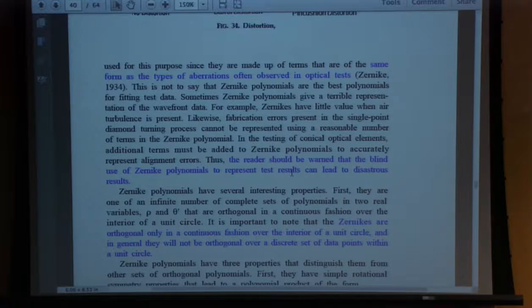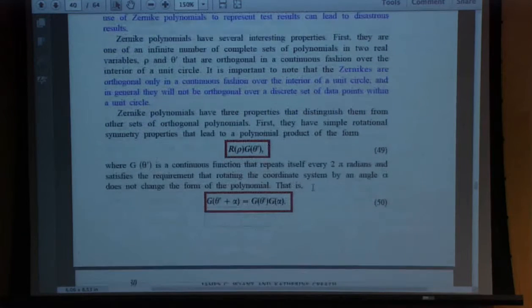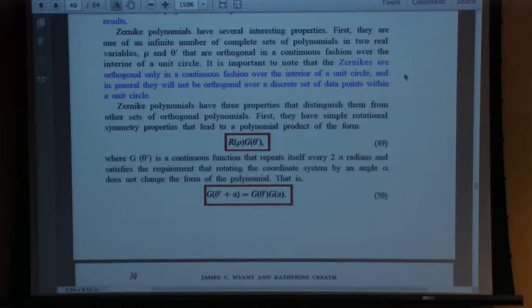But I want to spend a little bit of time talking about the Zernikes. We're not going to go through the math so much as look at some results. One feature that's going to be very useful is that the Zernikes are orthogonal, in a continuous fashion anyway, over the interior of a unit circle.